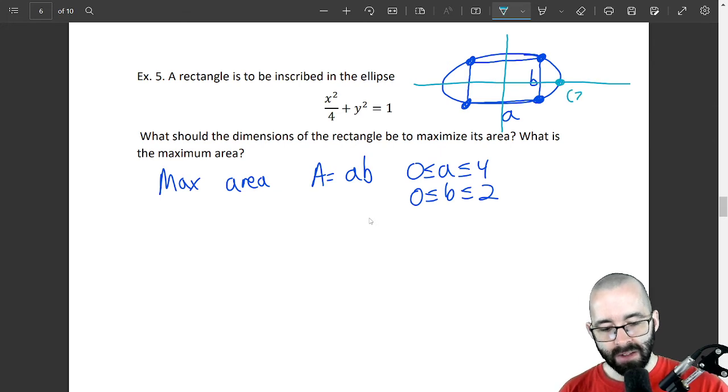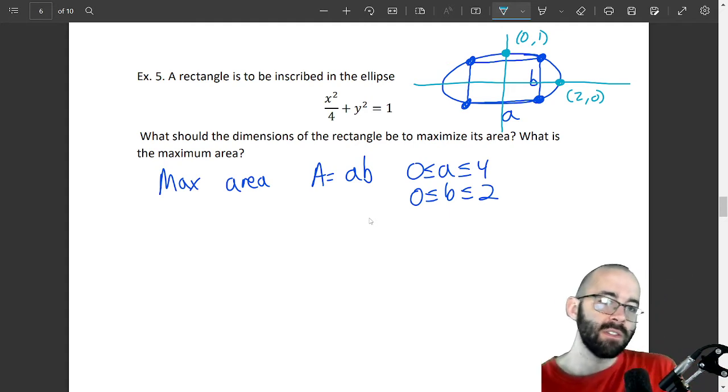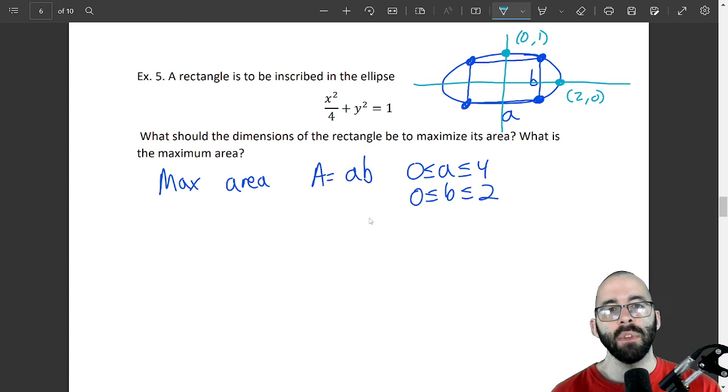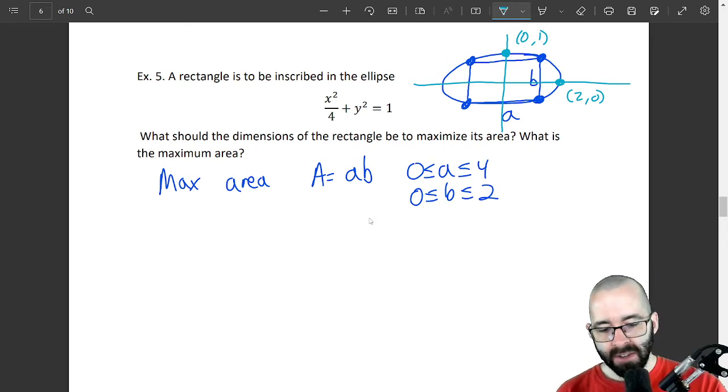All right, we do have this. We know this is the point 2, 0. This is the point up here, 0, 1, and it's symmetric. All right, so we're going to use information about these points to find information about A and B. So specifically, this top right point, since it's symmetric, this top right blue point, we know an equation for that.